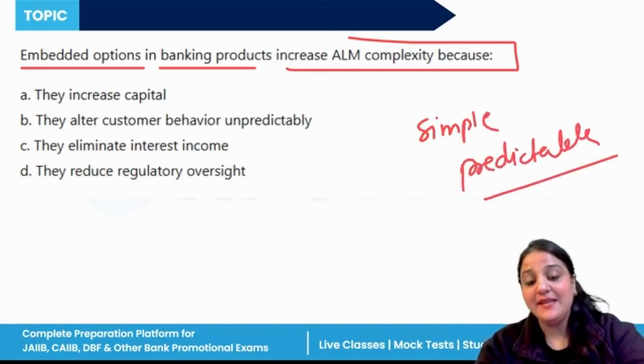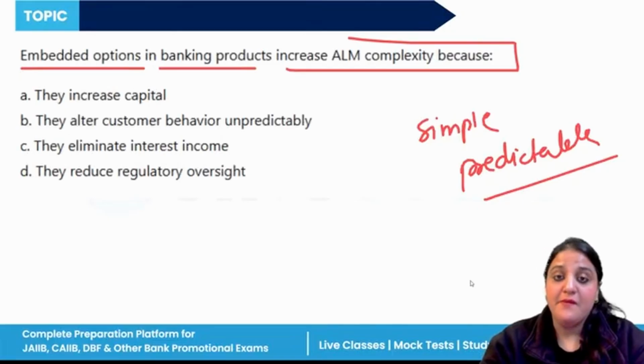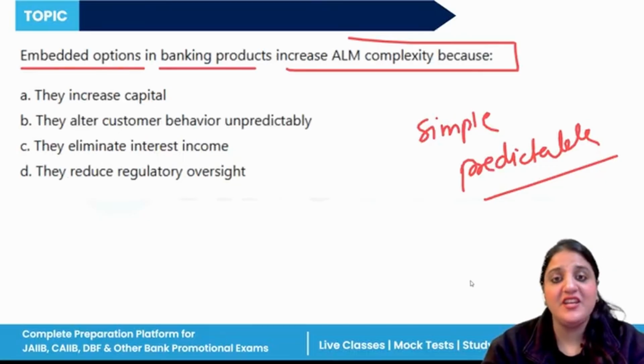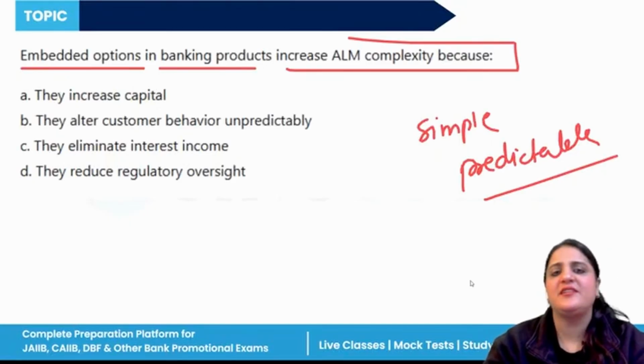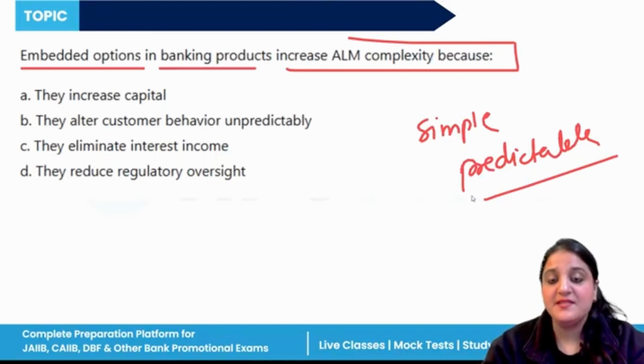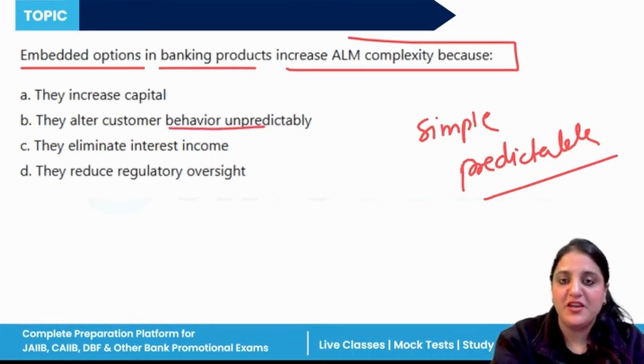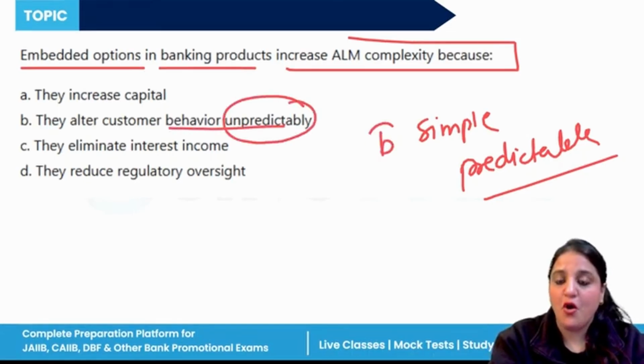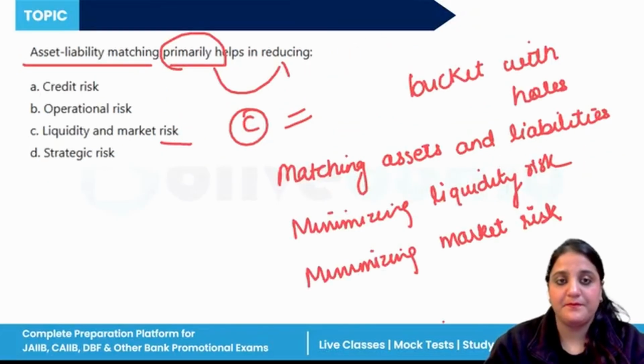So that's why ALM is very important. Why? Because there is volatility in the interest rate. There is product innovation. There is the regulatory environment. There is prepayment, withdrawal, and also management recognition of risk return trade-off. So, embedded options mean customers may prepay or withdraw early. So, they alter customer behavior unpredictably. So, option B is correct here.